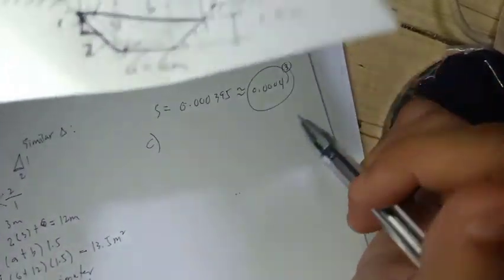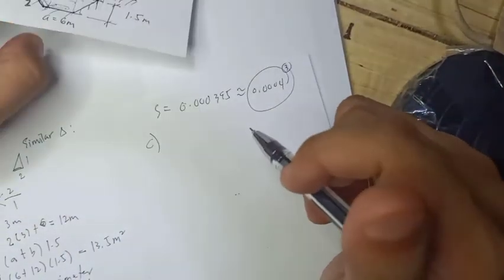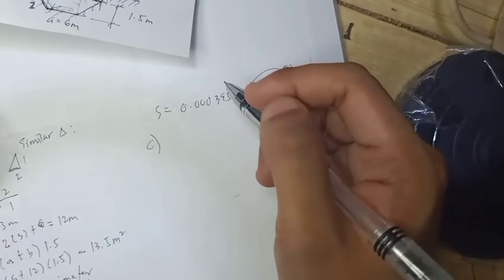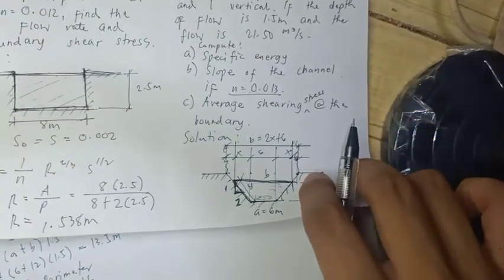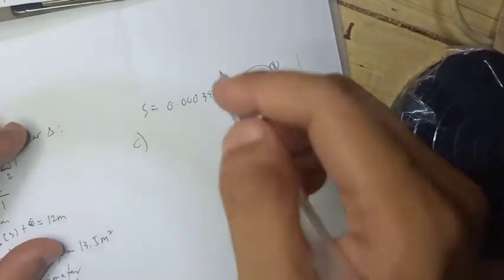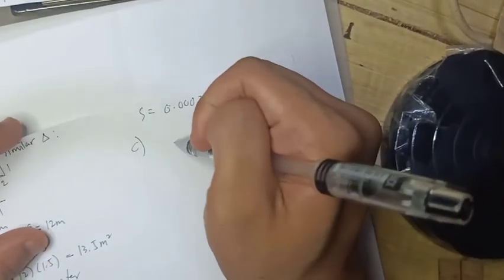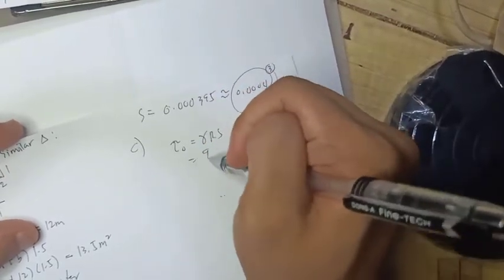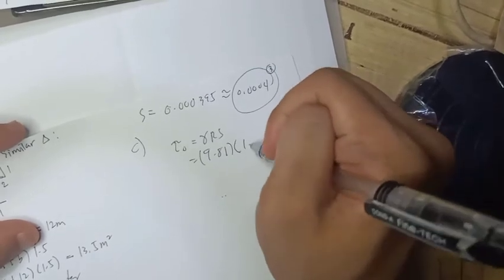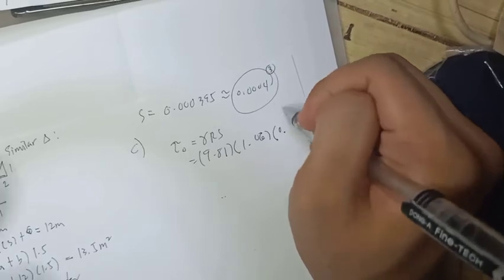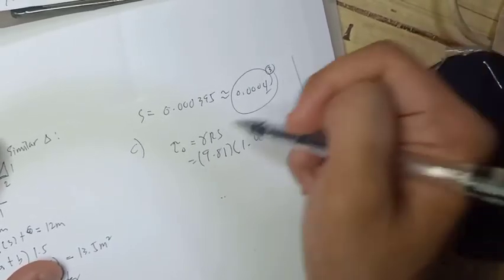C. The average shearing stress at the boundary, or boundary shear stress. We can use tau, which equals gamma times R times S, which is 9.81 times R, which is 1.06, times 0.004.